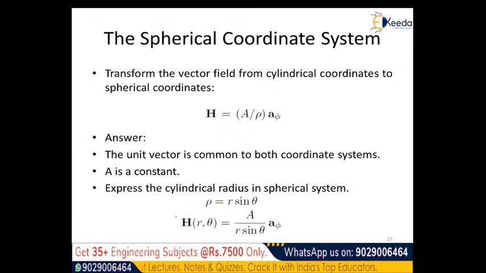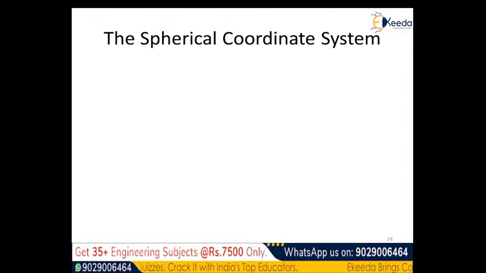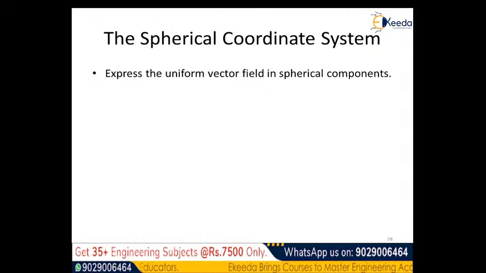Now along with this we shall take the last problem for practice purposes. Here we start the problem statement: express the uniform vector field in spherical components. The given vector field is expressed as capital F is equal to pi u times small a x.